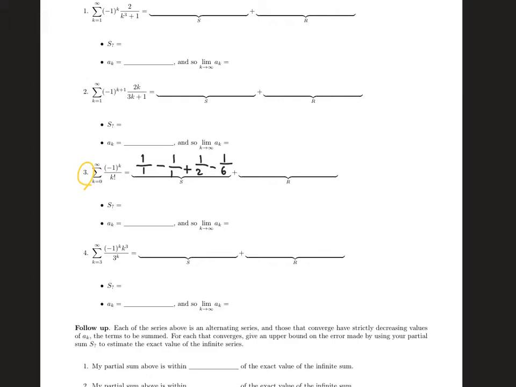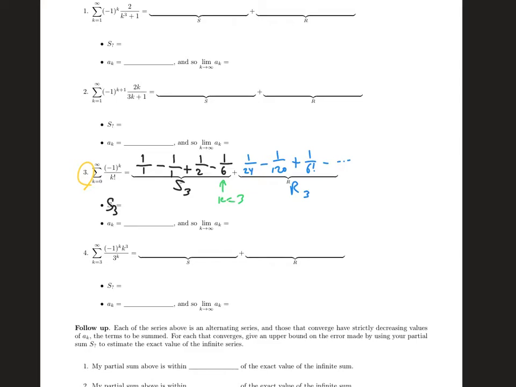Notice that the term I have here is the one that I got by putting 3 in, and so technically I would refer to this as s sub 3. And then the remaining terms are going to be 1 over 4 factorial minus 1 over 5 factorial, and so on. So this would be referred to as r sub 3.